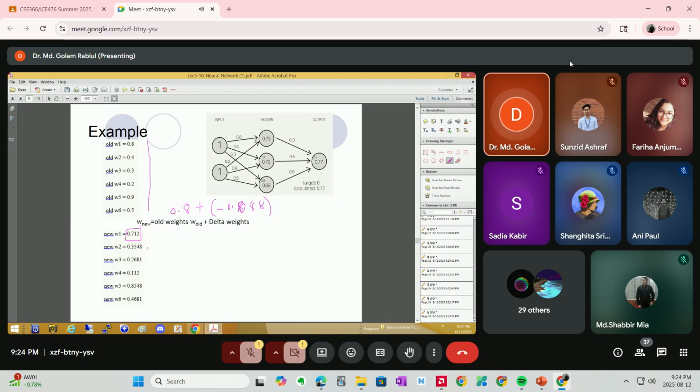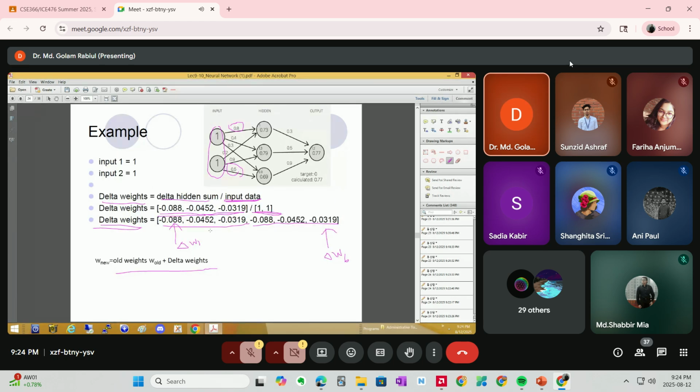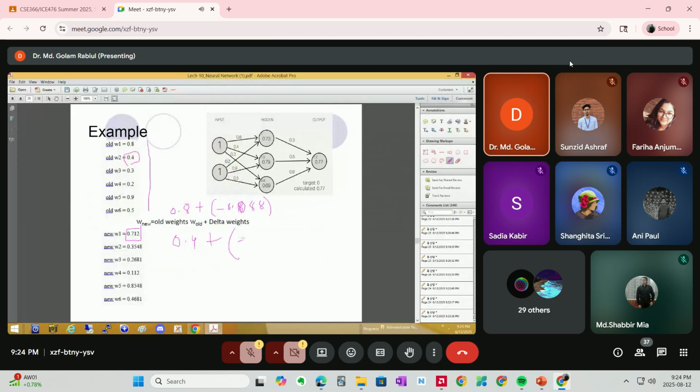Similarly, if we want to find W2, it will be the previous weight, here 0.4, plus negative 0.0452.